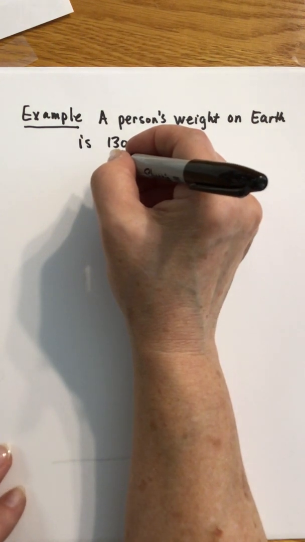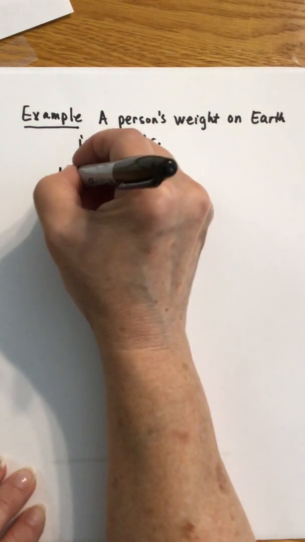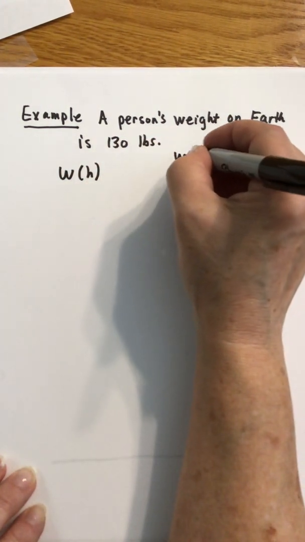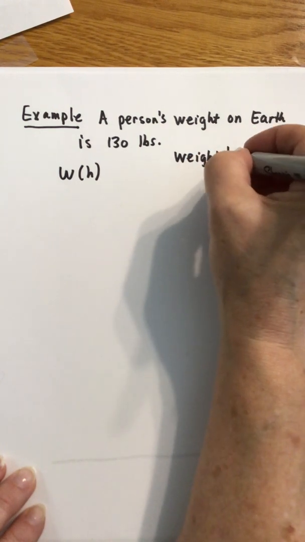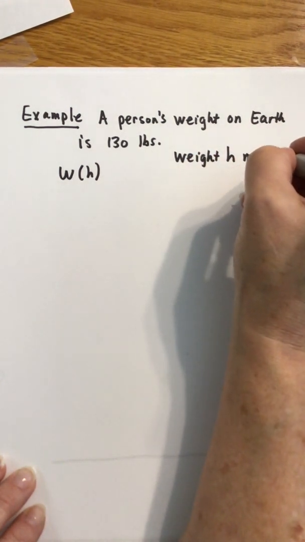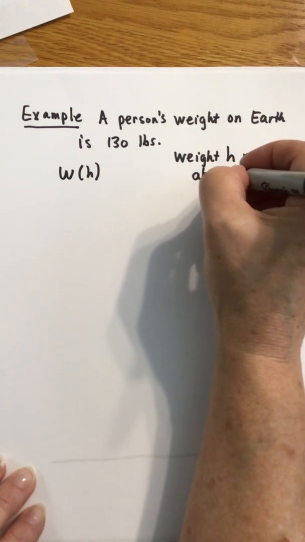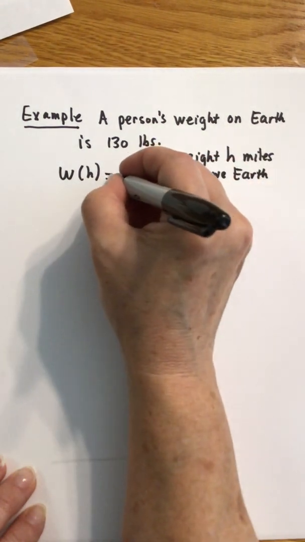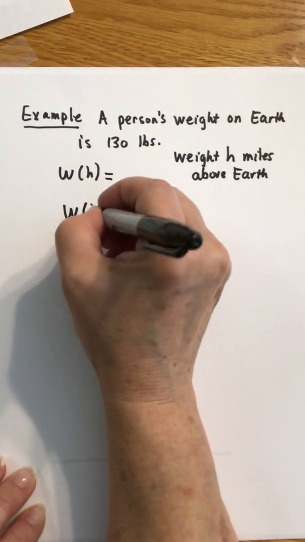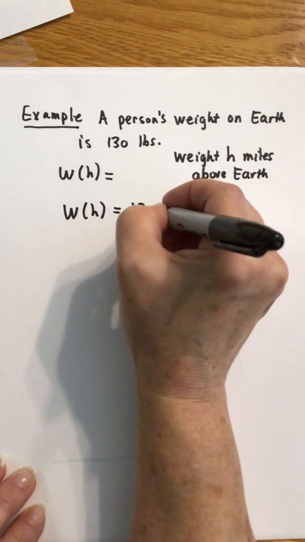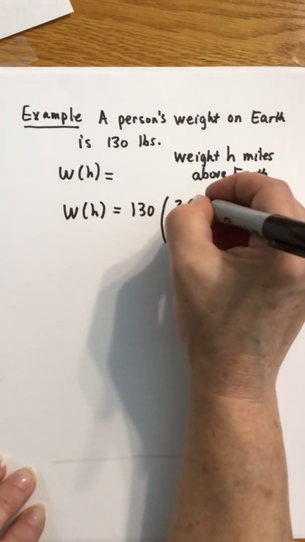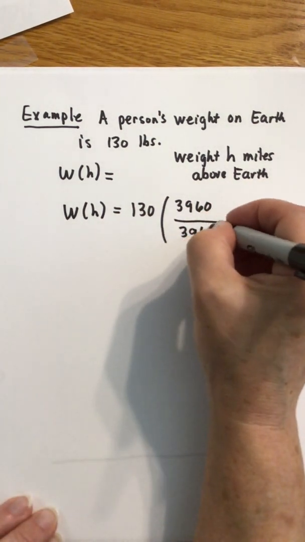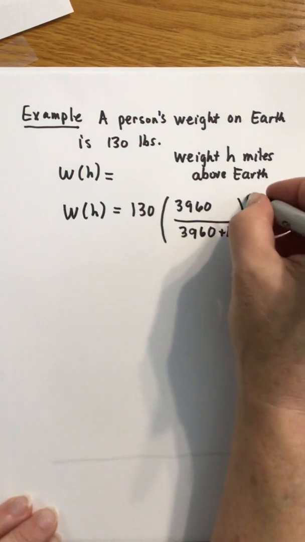And the weight above Earth is given by W of H. So this is going to be the weight H miles above Earth. So we get a formula. W of H is 130 over 3960 plus H, squared.